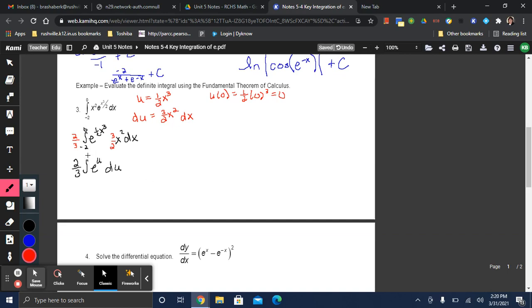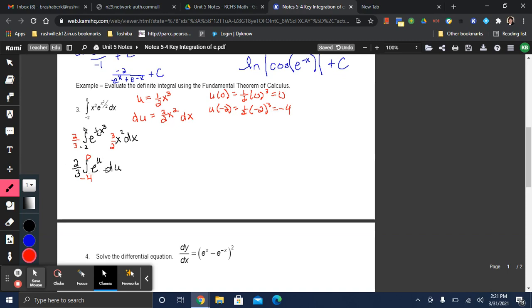So the top is going to stay 0. And then u of -2. So I'll have 1/2 times -2 to the 3rd. And that's going to be -8 times 1/2, giving me -4. So -4 is my new lower limit of integration.